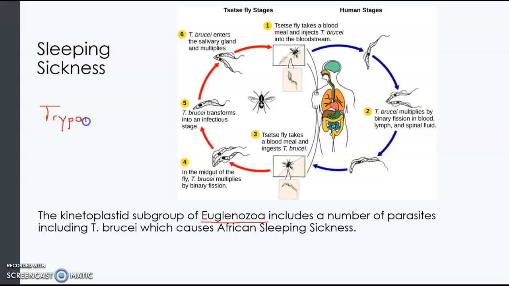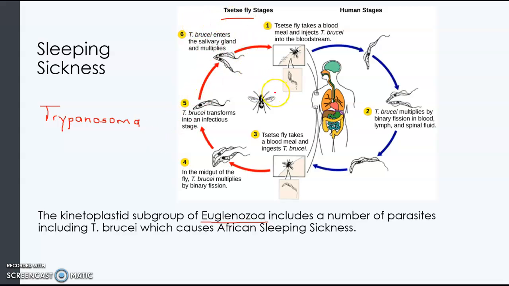And this parasite, Trypanosoma, causes the disease African sleeping sickness. And like malaria, it's transmitted by an insect. But instead of the mosquito, it's the tsetse fly.